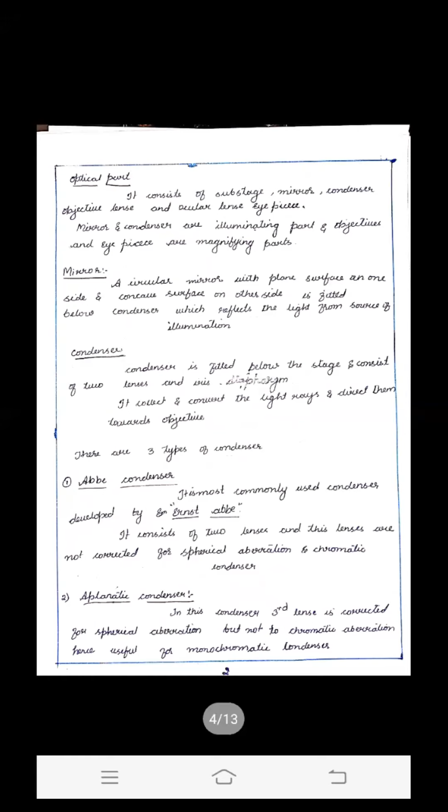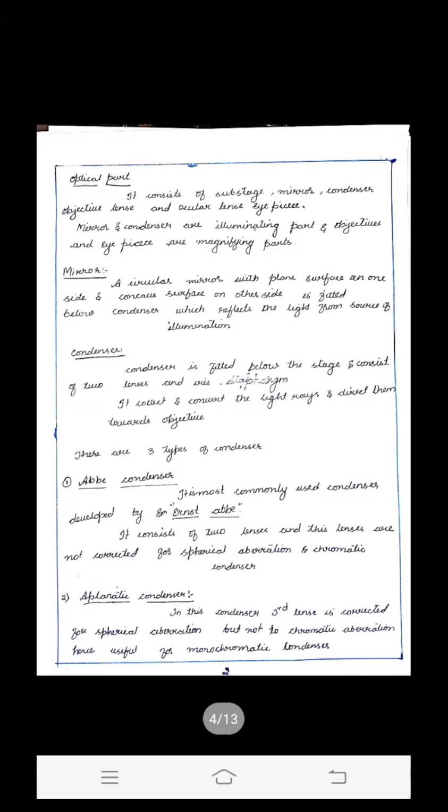It is fitted below the condenser and reflects the light from the source of illumination. The condenser is fitted below the stage and consists of two lenses, an iris and a diaphragm. It collects and converges the light rays and directs them towards the object.